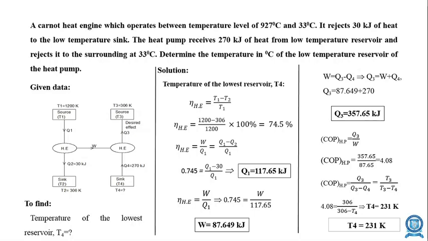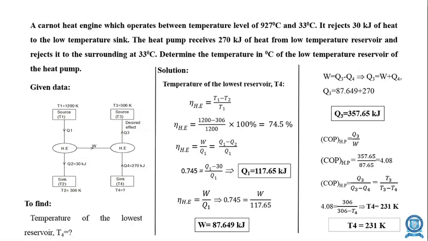From this, we have to find the heat supplied to the heat engine, because looking at the diagram, we know the heat rejected as 30 kilojoules, but we don't know the heat supplied to the engine. Using the efficiency formula, work done divided by heat supplied, we find Q1. Instead of W, we can put Q supplied minus Q rejected, that is (Q1 minus Q2) divided by Q1. The efficiency value we found in the previous step is 74.5%.